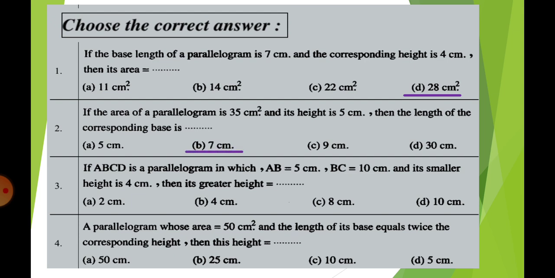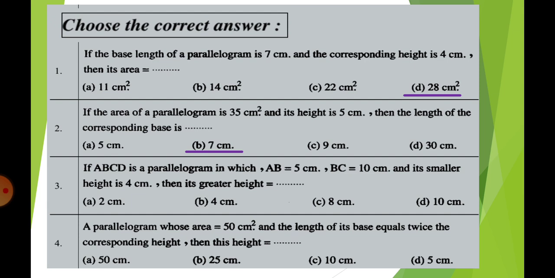Number 3, ABCD is a parallelogram. AB is 5, BC is 10, and the smaller height equals 4. Then the greater height equals, here the greater base corresponds to the smaller height, and the smaller base corresponds to the greater height.